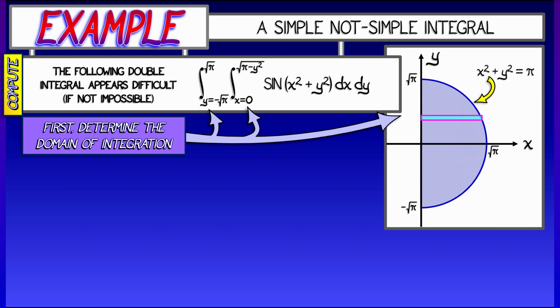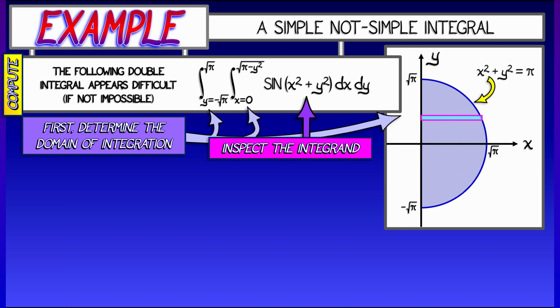That's defining a circle in the xy plane based at the origin of radius square root of pi. And now the limits on y make perfect sense. As you're going from minus root pi to plus root pi, this is really giving you a semicircle in the plane, and that is very well adapted to polar coordinates.